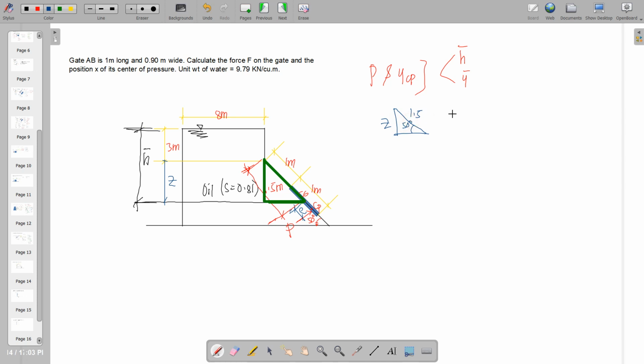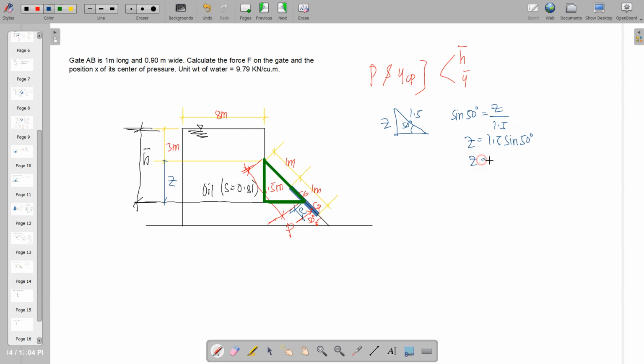By that function of sine, we have sine 50 degrees is equal to Z all over 1.5. So therefore, Z is equal to 1.5 times sine of 50 degrees.